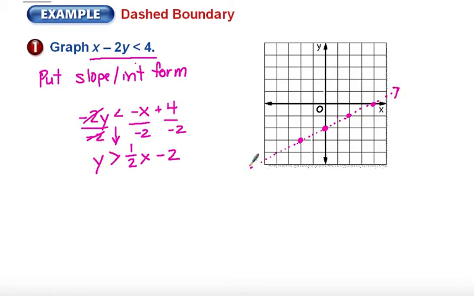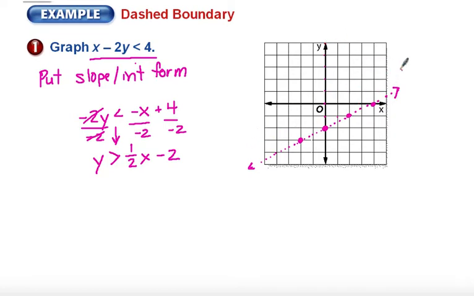So now I have to look at my y-axis from this boundary line. And I look at the y values that are greater because this says y is greater than this boundary line. So the y values that would be greater would be above it, all of these values.